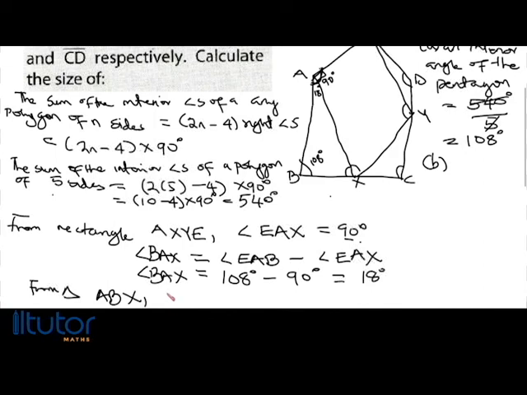We have 18 degrees plus 108 degrees plus angle BXA, which is this angle that we've been told to calculate, equal to 180 degrees, the sum of angles in a triangle.